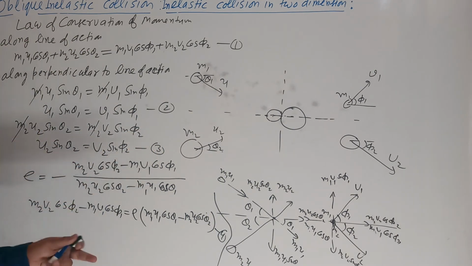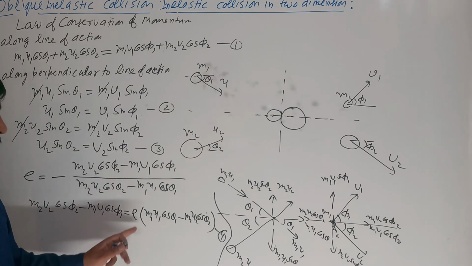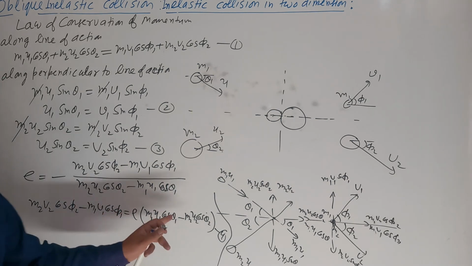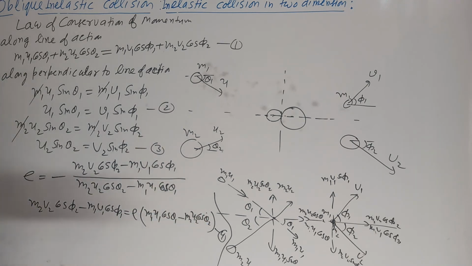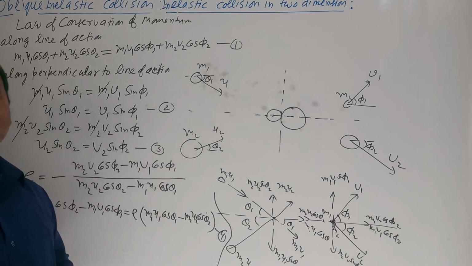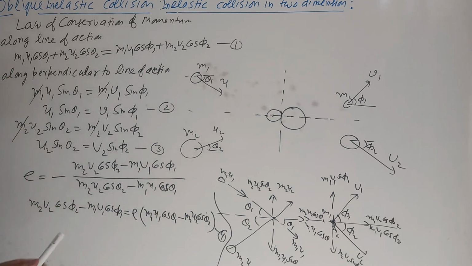In terms of coefficient of restitution, relative velocity of separation M2 V2 cos phi 2 minus M1 V1 cos phi 1 equals e times M1 U1 cos theta 1 minus M2 U2 cos theta 2. So these are the 4 equations. By solving these we can find the velocities in inelastic collision in 2 dimensions.